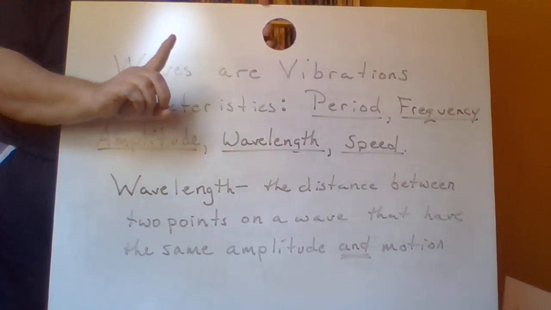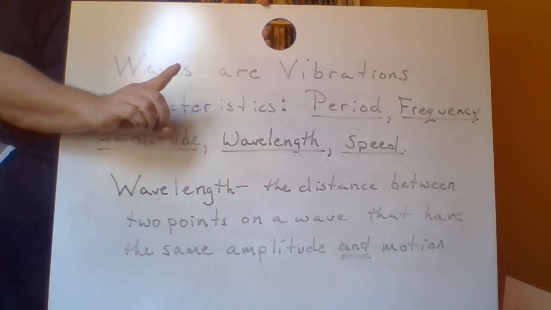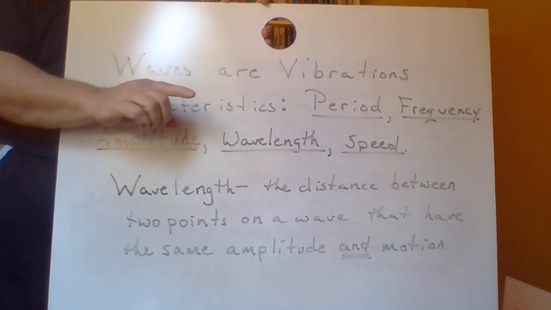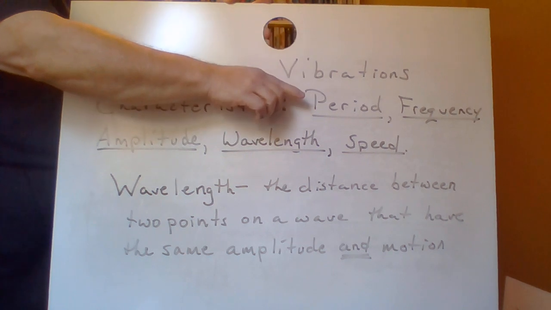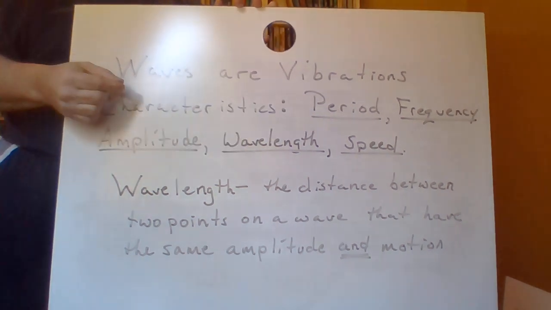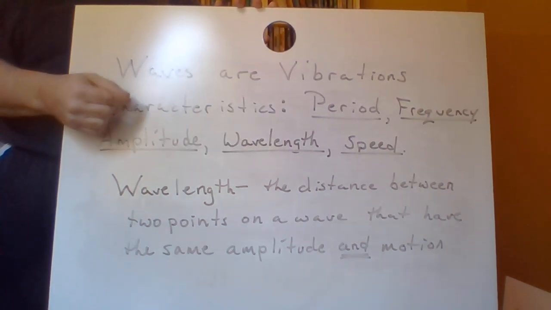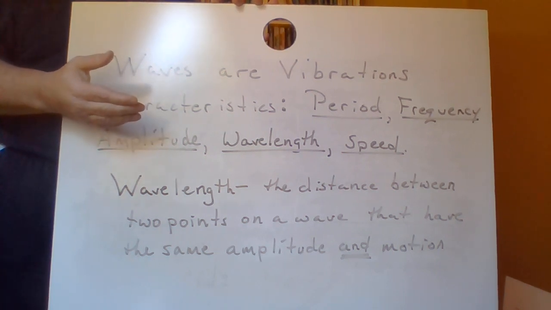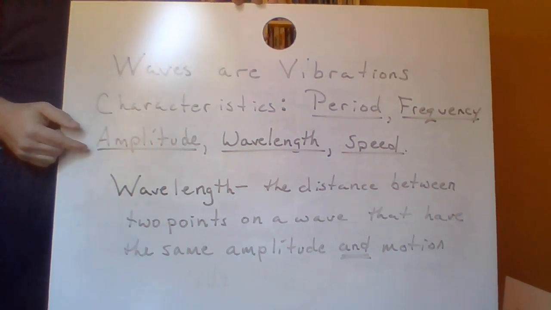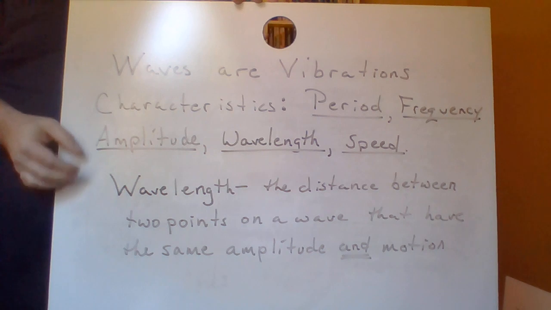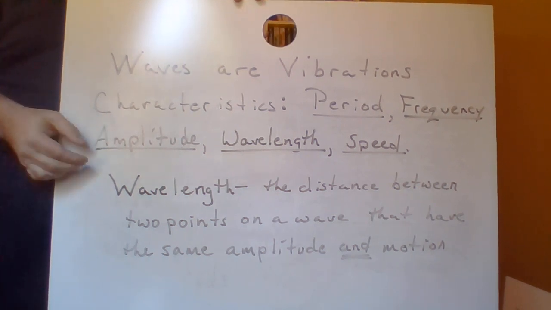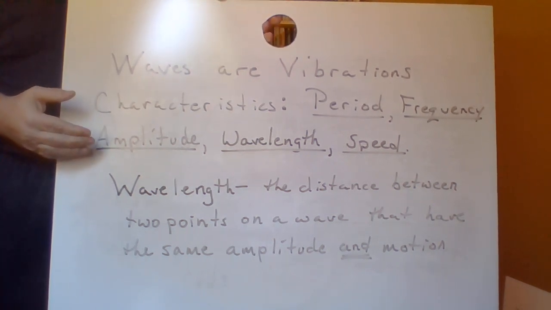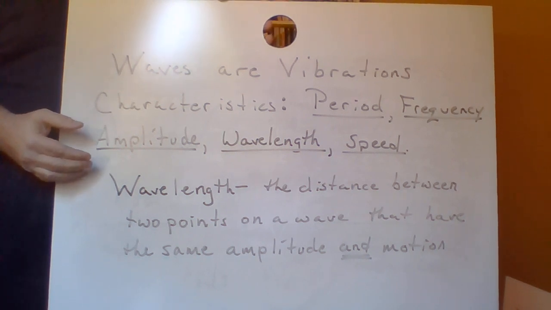Period is time to make one vibration, time to make one oscillation. Frequency. Frequency is the number of vibrations per second, or the rate of vibration. Amplitude, how big the wave is, how far the wave displaces something from its equilibrium.